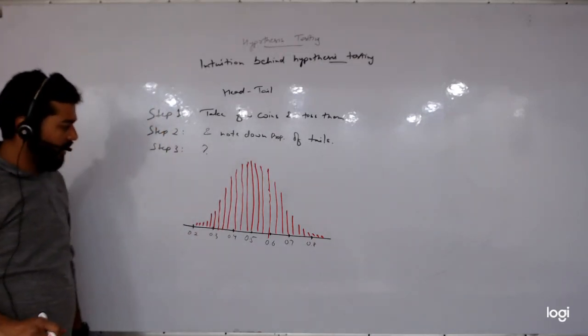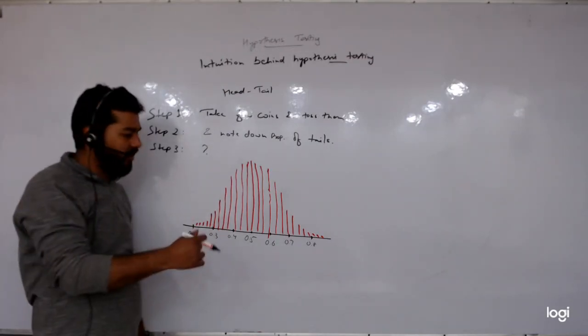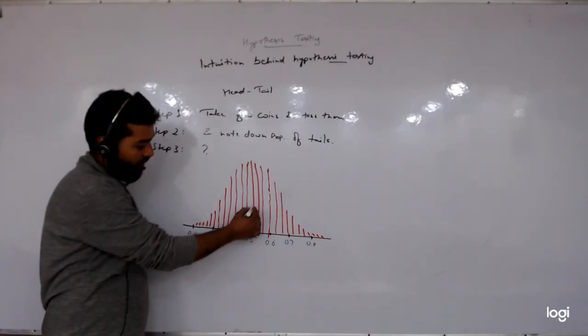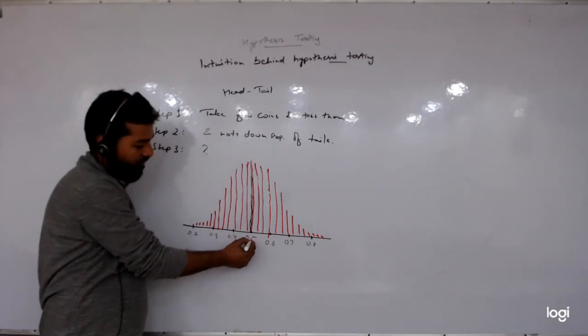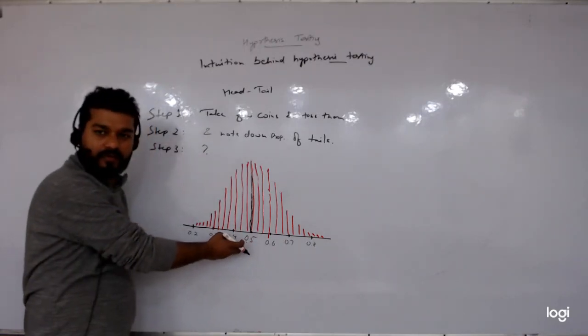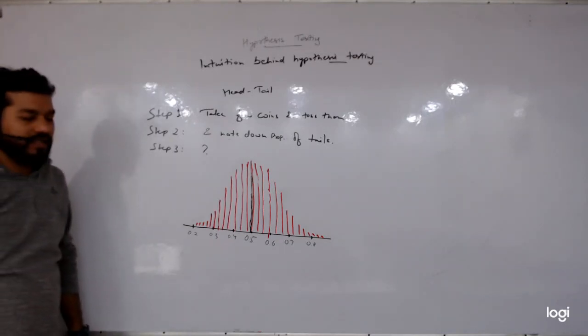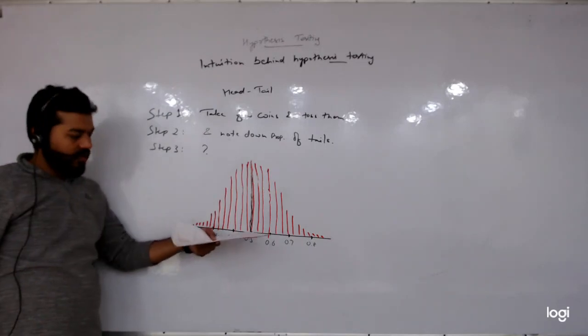Okay, now in ideal circumstances, if we toss 100 coins, we should get the proportion 0.5. But since this is a statistical experiment and there is randomness, there is no certainty that we're going to end up here.